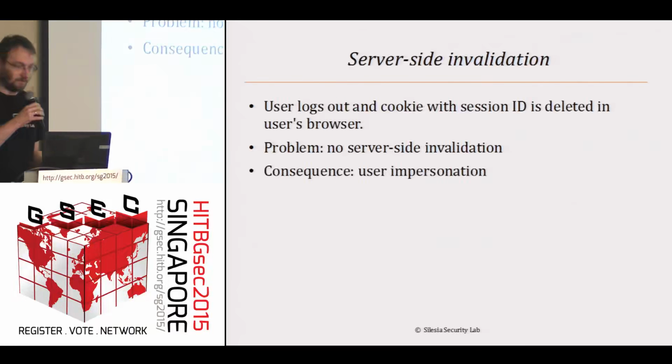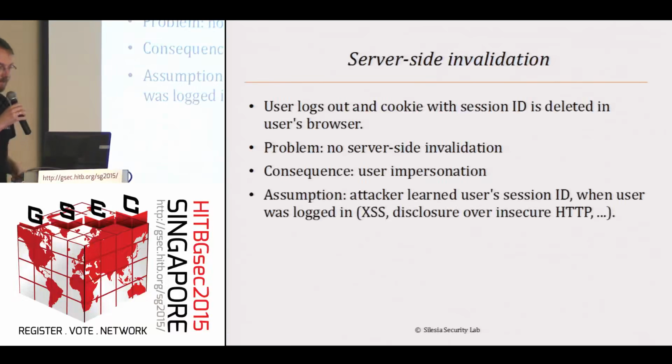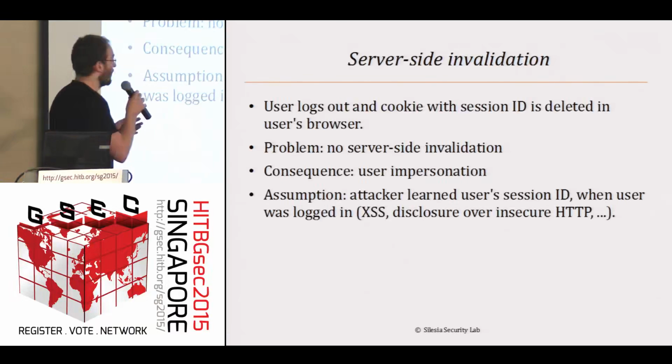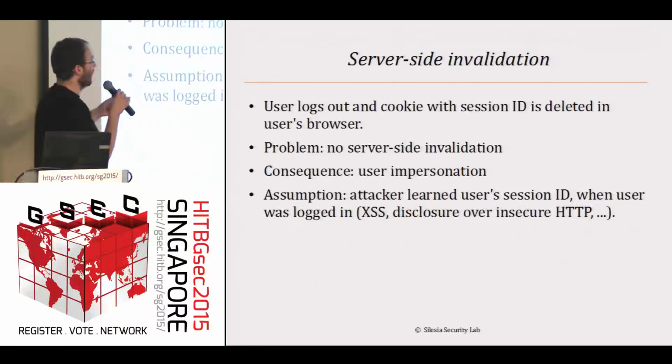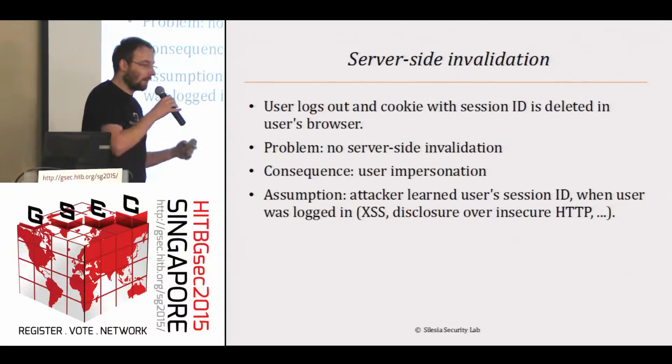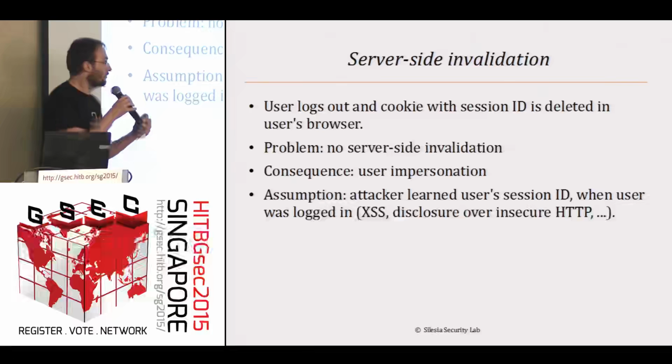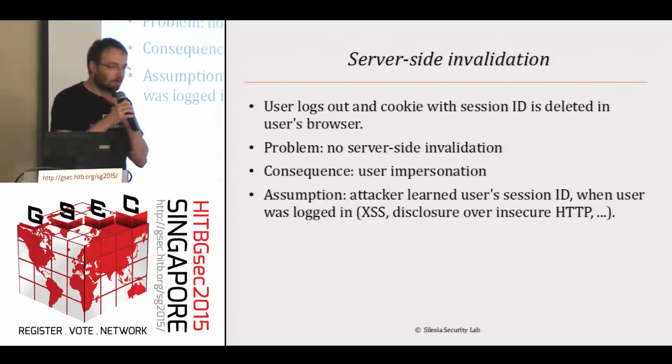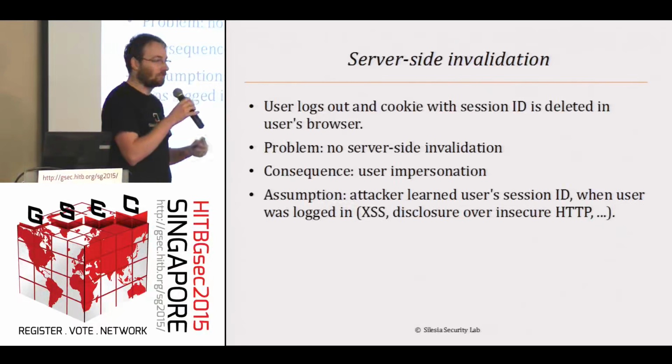Okay. So the consequence of this is user impersonation, of course, under the assumption that the attacker was able somehow previously to read the session ID of the user when the user was logged in. So the user is logged in.